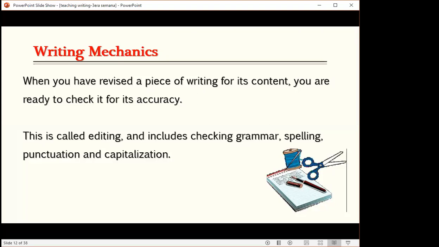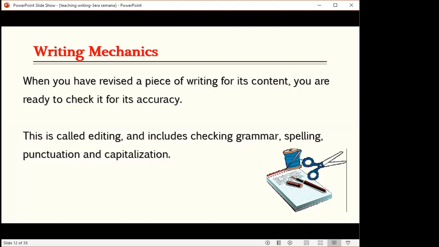So in order to be accurate, you are going to develop some processes, no? You are going to edit, you are going to check the grammar, the spelling, the punctuation, and capitalization. So all of these aspects are related to the editing part, no?